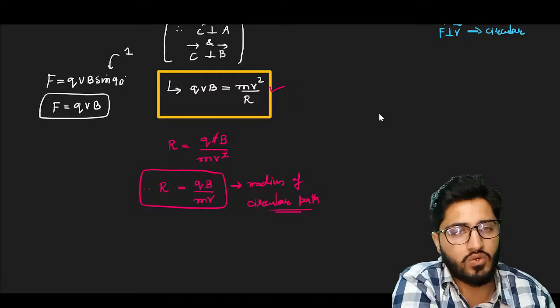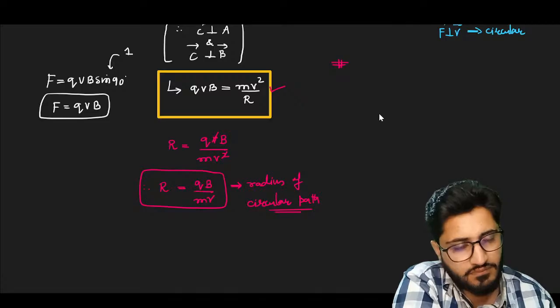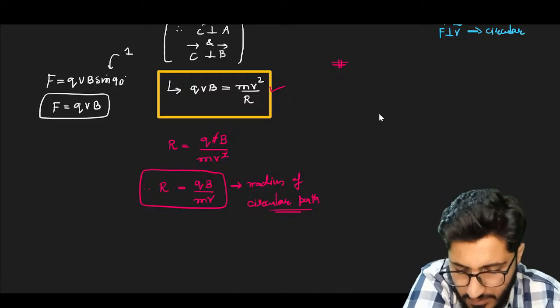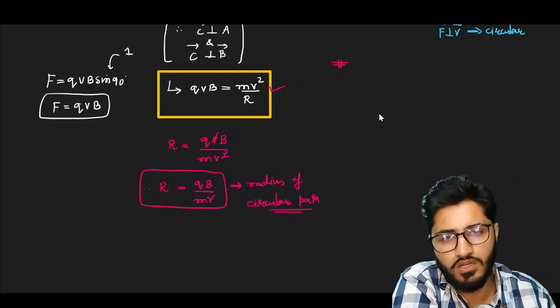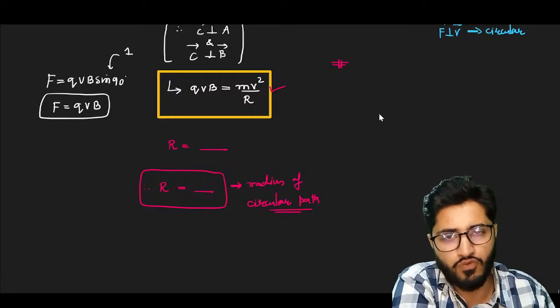One thing that you must know, it will be mv square by QVB.